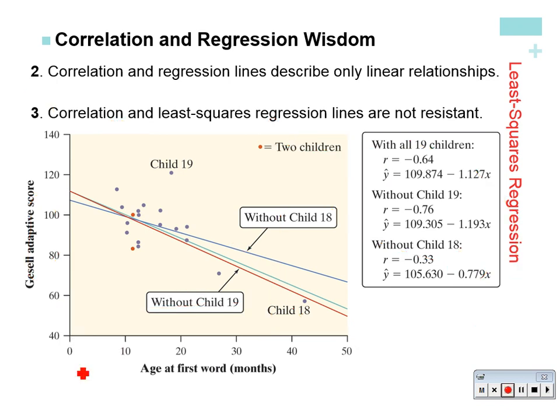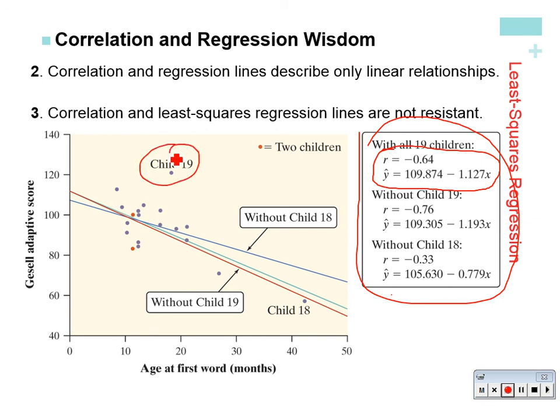So let me get rid of these lines here. So what you have here is just some different regression lines that are drawn, and correlation values that are computed by taking away those 2 points. So over here, here's the correlation value and the least squares regression line with all 19 children included in the scatter plot.